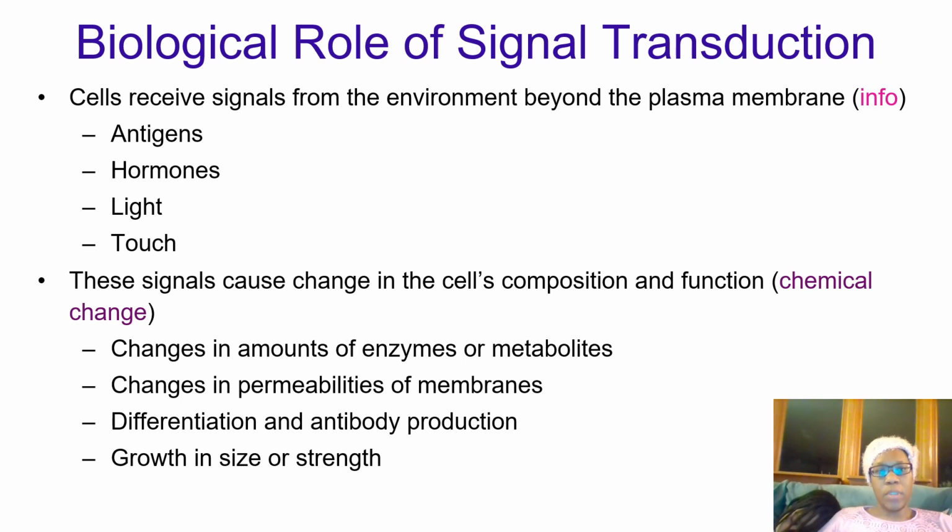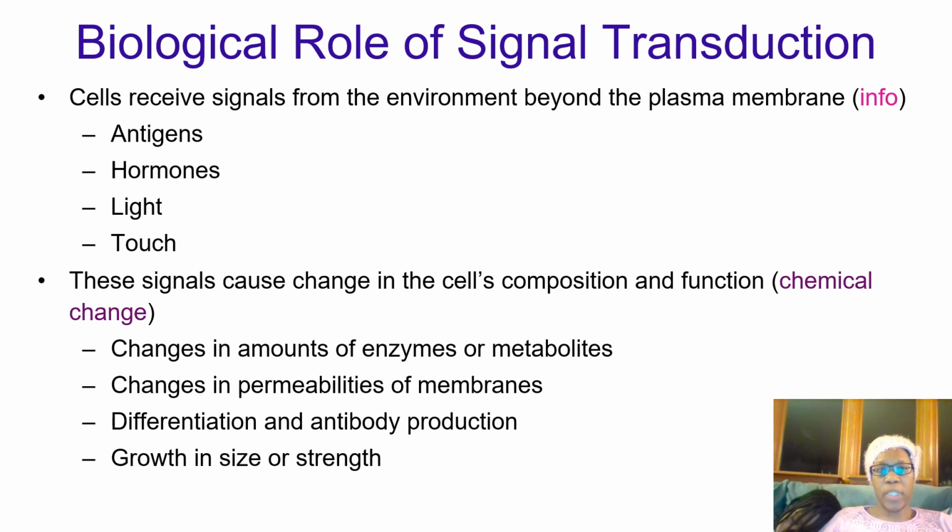These signals cause change in the cell's composition and function. That's a chemical change. It can elicit changes in amounts of enzymes or metabolites. It can elicit changes in permeabilities of membranes, differentiation and antibody production, or growth in size or strength.